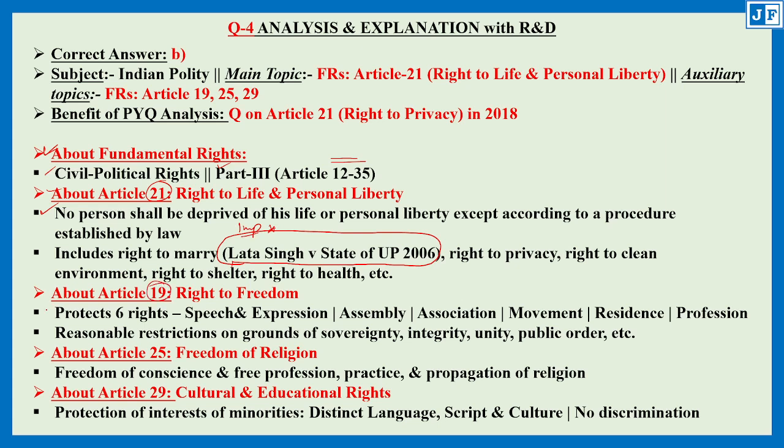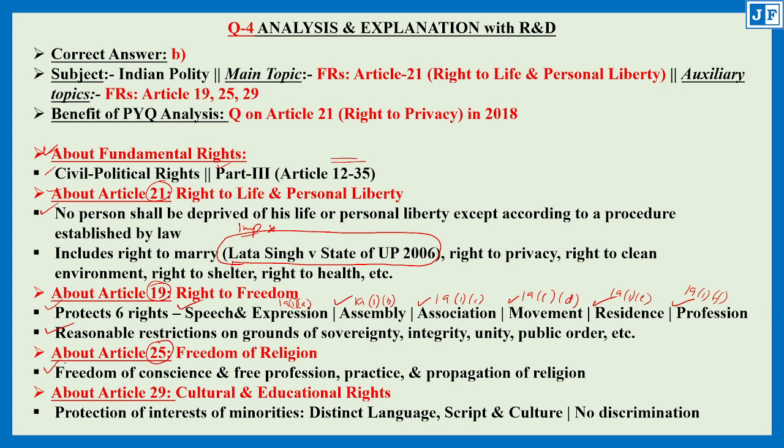Regarding Article 19, we get to learn that it protects 6 rights related to freedom of speech and expression, freedom of assembly, freedom of association, freedom of movement, freedom of residence, and freedom of profession. There are some reasonable restrictions also on grounds of sovereignty, unity, integrity, public order, etc., which we need to study. Article 25 talks about freedom of religion.